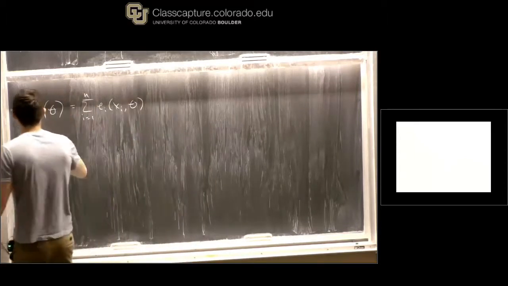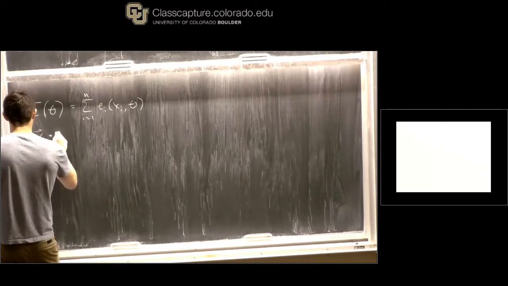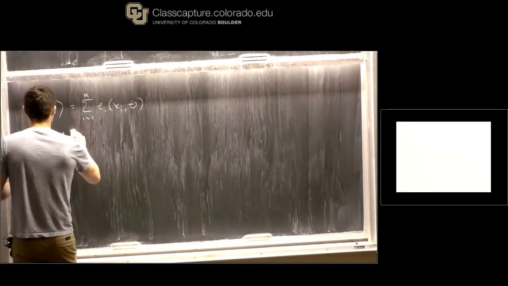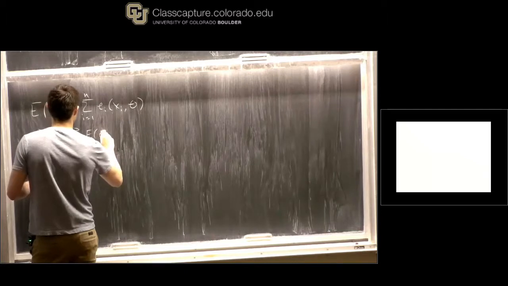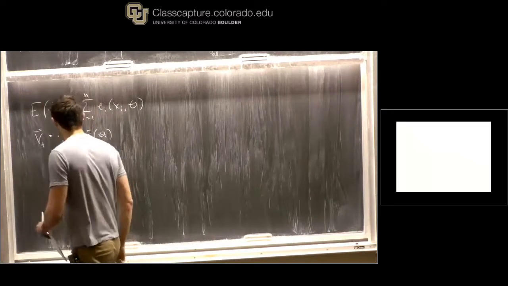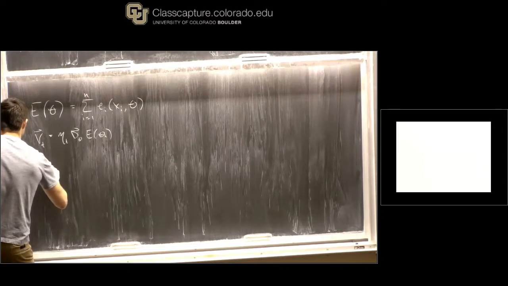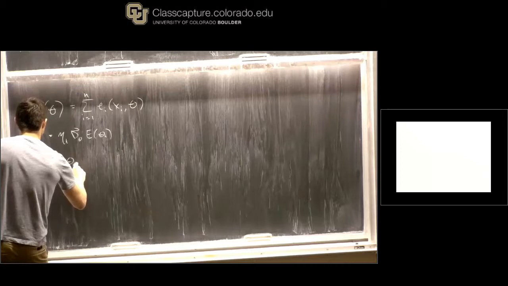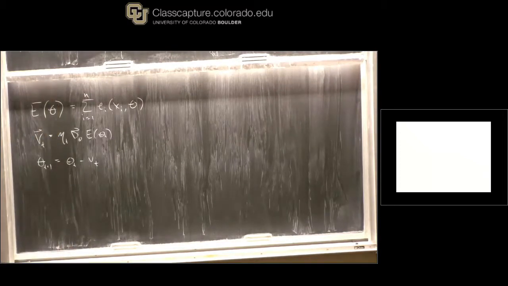So you define a vector v, which is scaled in some way to be the gradient. And then you update your parameters by just following in the opposite direction of that gradient.